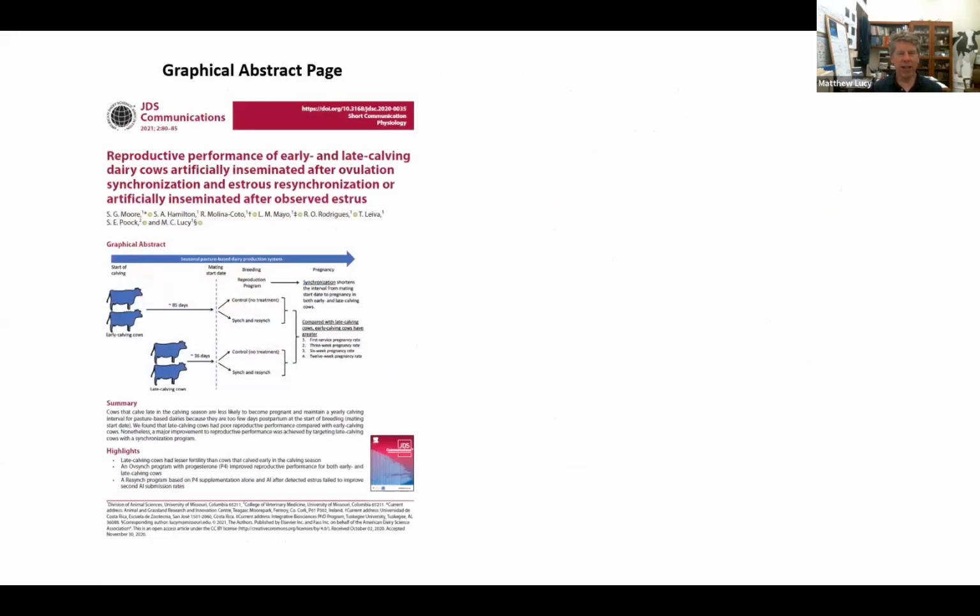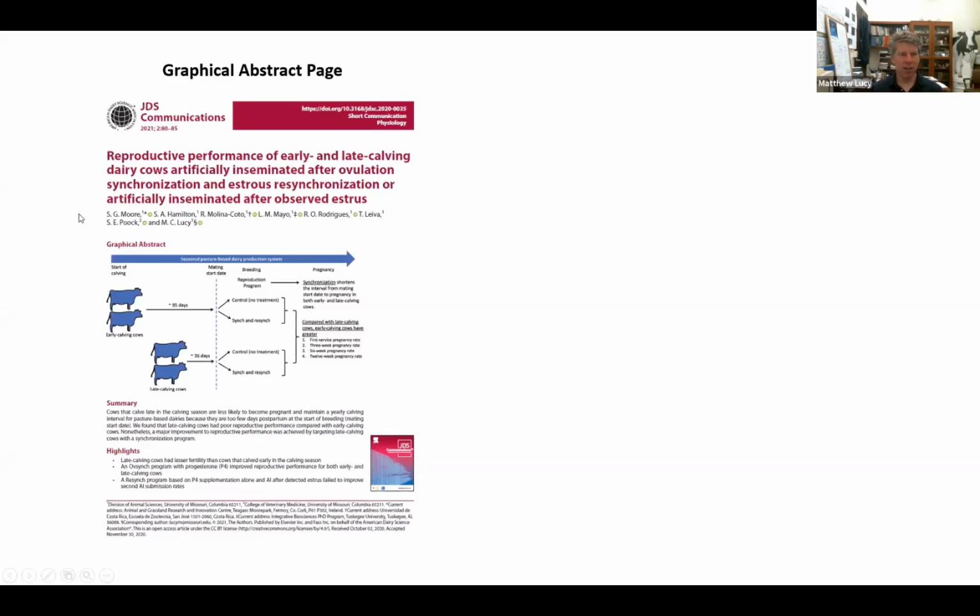So I'd like to say a few words about the graphical abstract page. First of all, this is the front page to your paper. It's not really page one. It's the page that comes before page one, maybe a preamble or something like that. It does contain the journal name, the DOI, the year and the volume and the pages.